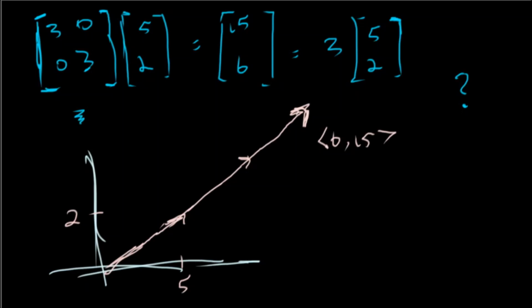So as you might be able to anticipate, these matrices can become much more complicated. We've only dealt with 1s and 0s, and now with a 3 and a 3, but I could put like a 6 and a 7, a 3 and a 47 here, and we need to know what that does. And the way we do that is we look at what this matrix does, not to 5, 2, but to our i and j vectors.